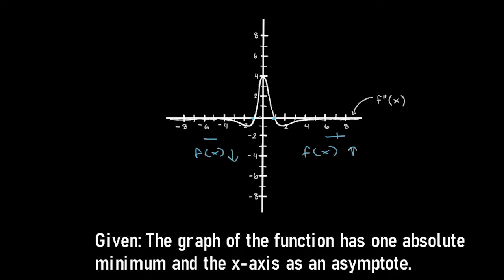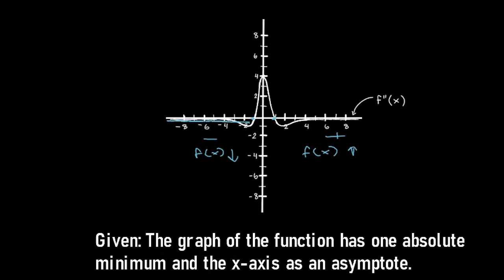And f of x will also approach 0, something similar to a horizontal line. So we can graph f of x approaching the x-axis because there is a horizontal asymptote.